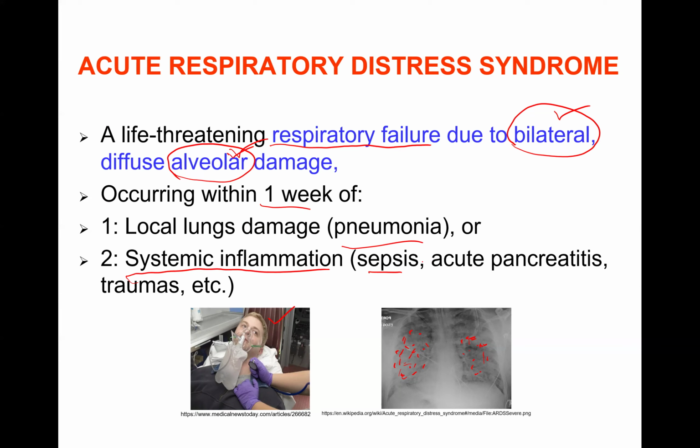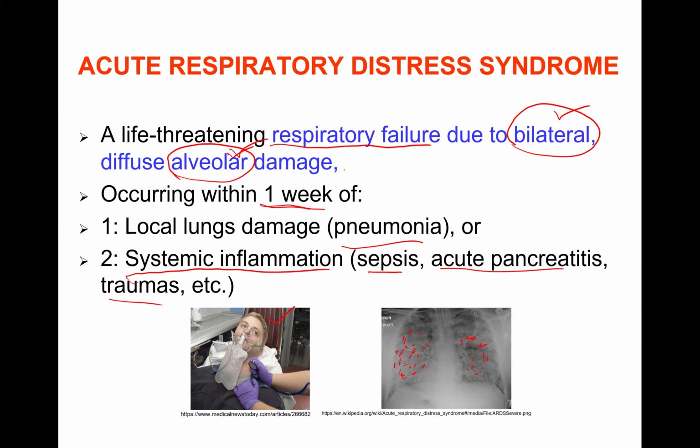Sepsis is an acute inflammatory condition, a systemic inflammation that involves various organs, but particularly we are talking about the lungs. So sepsis, acute pancreatitis, trauma, multiple fractures, uremia ultimately affect the lungs. So lungs can be damaged due to local infections, or as part of systemic inflammation. It can occur within 1 week, after 1 day, 2 days.